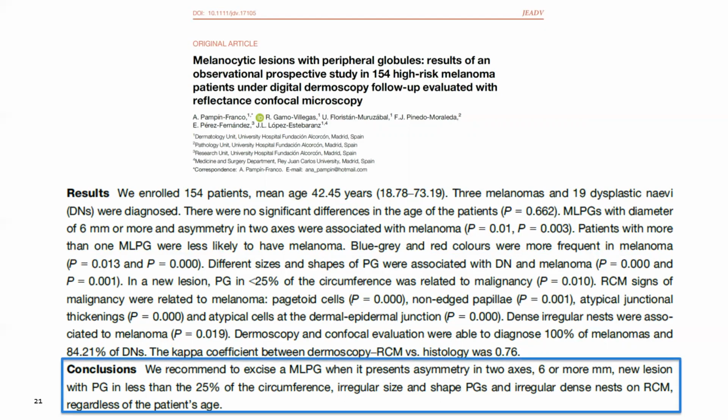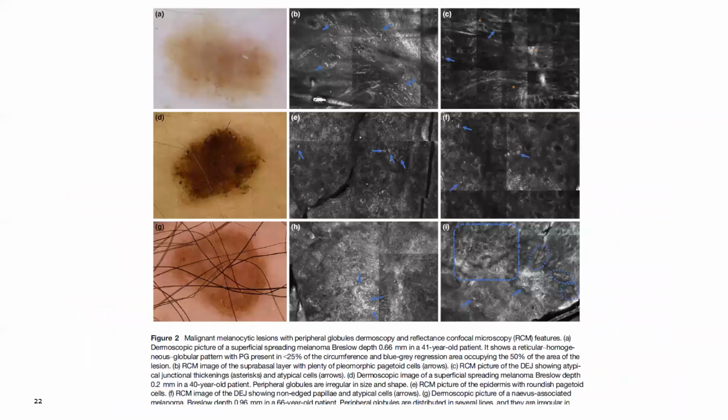Therefore, lesions that are asymmetrical in axis, that change, or that present with dermoscopic melanoma-specific structures, the diagnosis has to always include melanoma, and these lesions need to be excised.